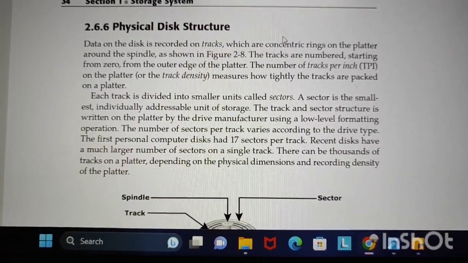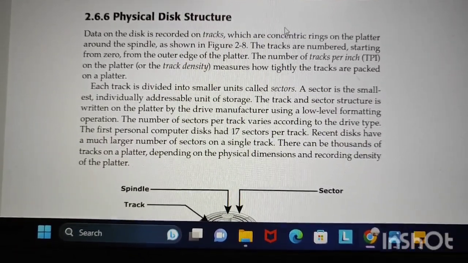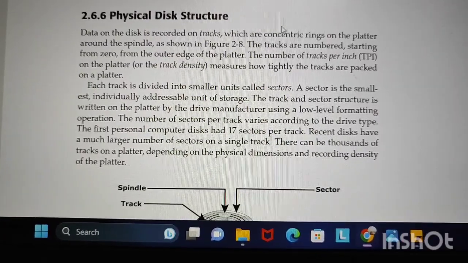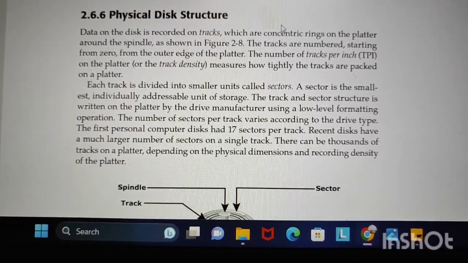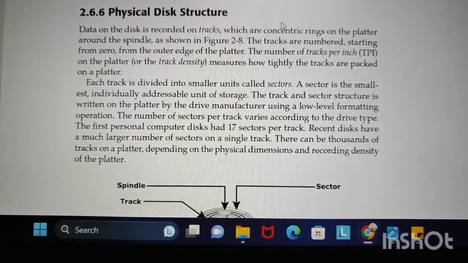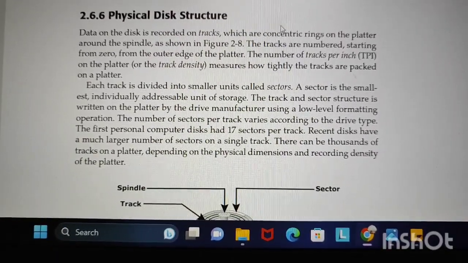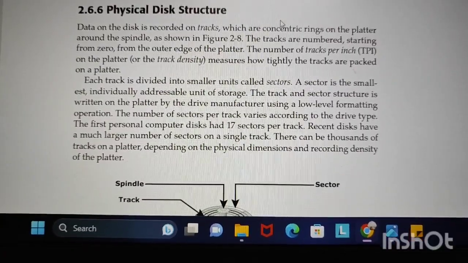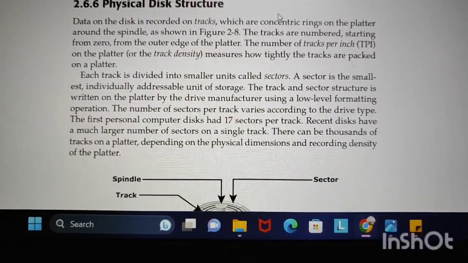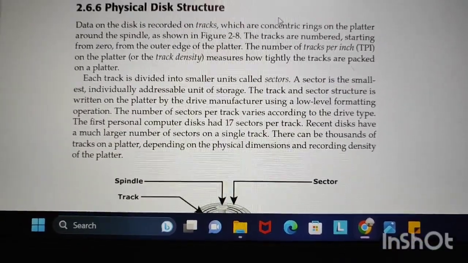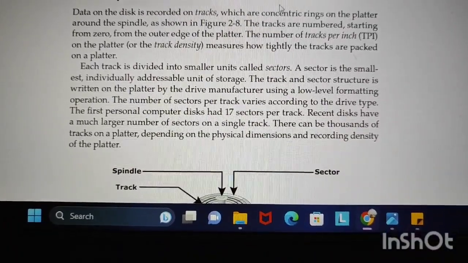These tracks are numbered starting from 0 at the outer edge of the platter. The number of tracks per inch is TPI on the platter, and it measures how tightly the tracks are placed on the platter. Each track is divided into smaller units called sectors.